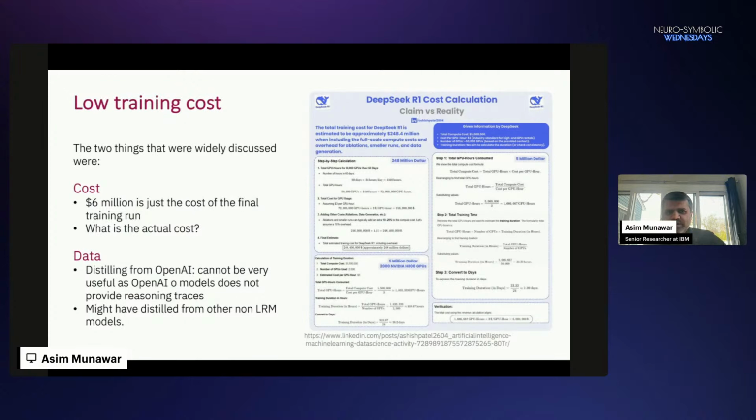So low training cost was one of the things, and it cost 6 million for the final run, but the actual cost is not known. As we all know, it's not about the final run only. There are a lot of iterations leading up to that, and most of that 6 million goes to the pre-training phase anyway.